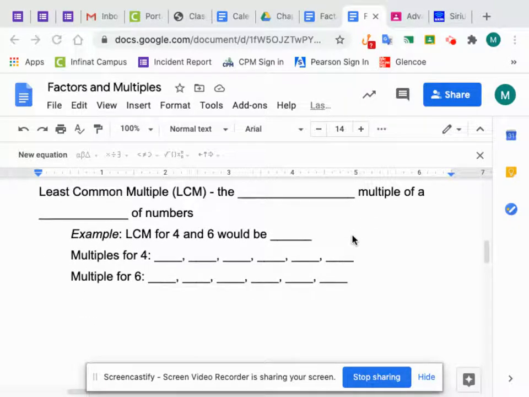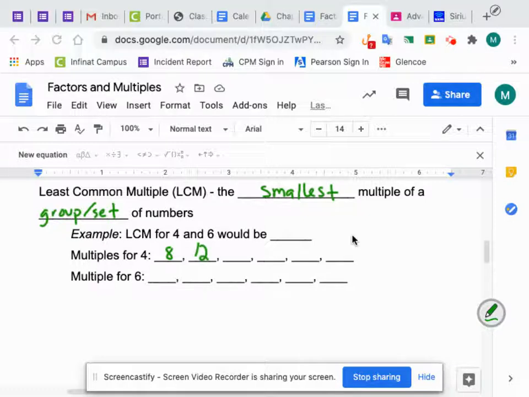So LCM, or least common multiple, is the smallest multiple of a group or set. And so multiple, you could do like 4 times 1 is 4, 4 times 2 is 8, 4 times 3 is 12.